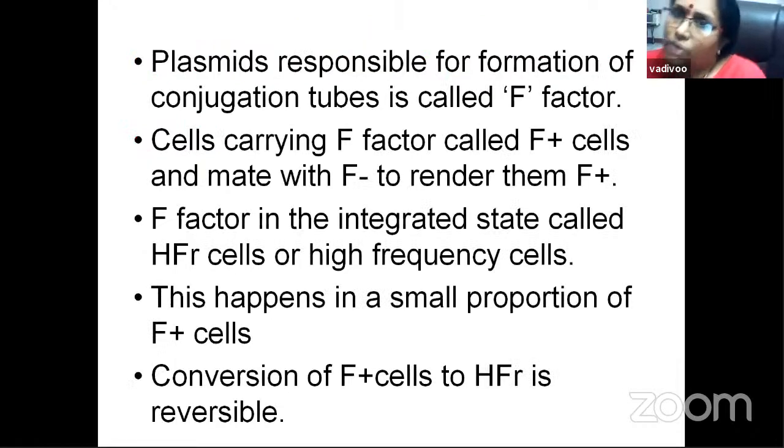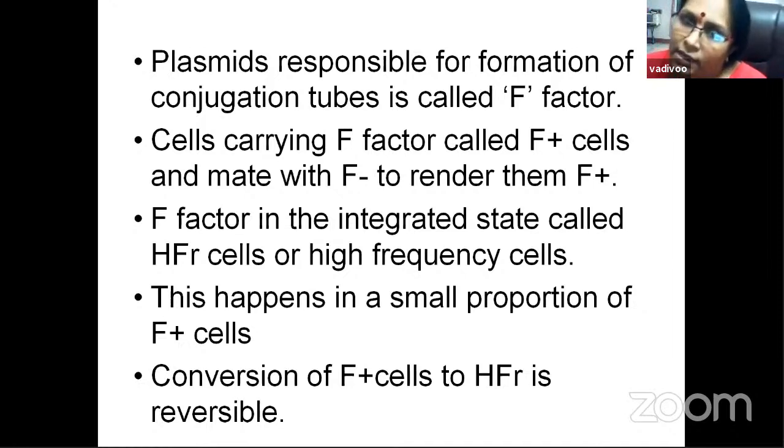Plasmids responsible for the formation of the conjugation tube are called F factor, and bacterial cells which carry the F factor are otherwise called F plus cells. When they mate with F minus cells, which don't have the conjugation factor, it renders them F plus.